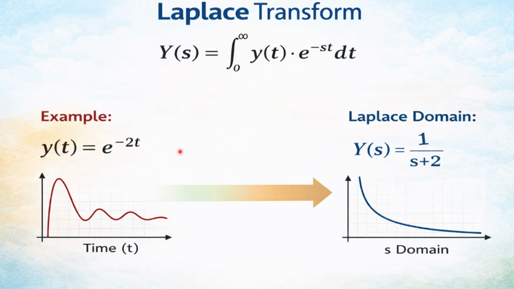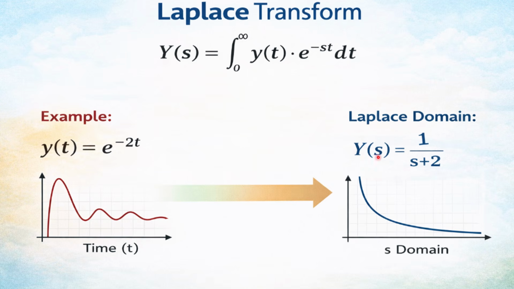For representation, suppose this is an exponential function, y of t equal to e to the power minus 2t. If you want to convert it into the s domain, that is the Laplace transform, you replace y of t with e to the power minus 2t, multiply by e to the power minus st, and then integrate from 0 to infinity with respect to dt.